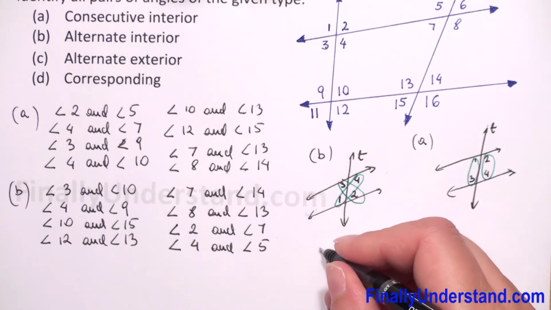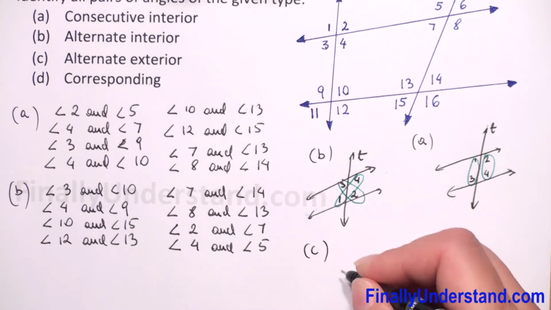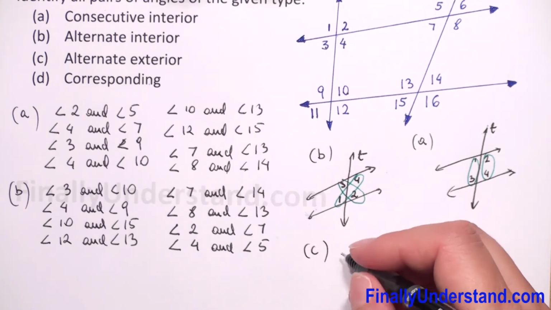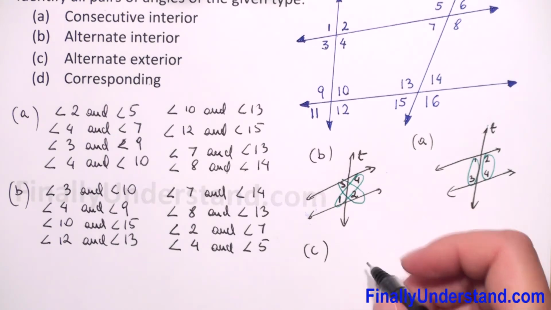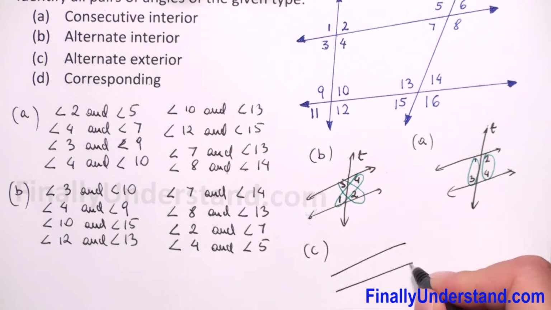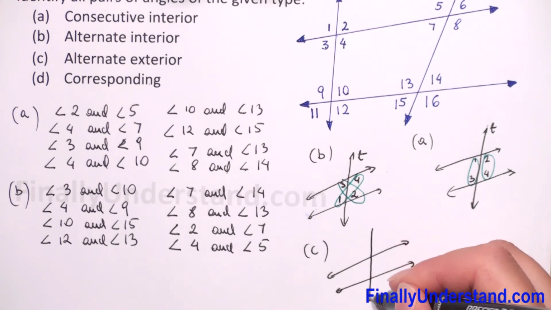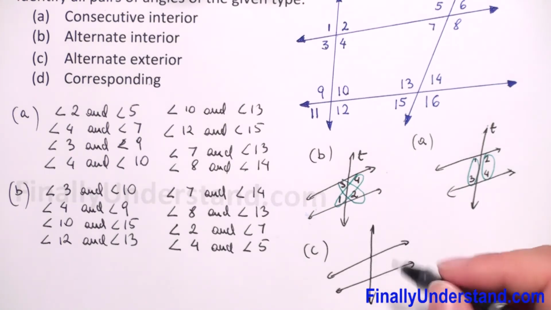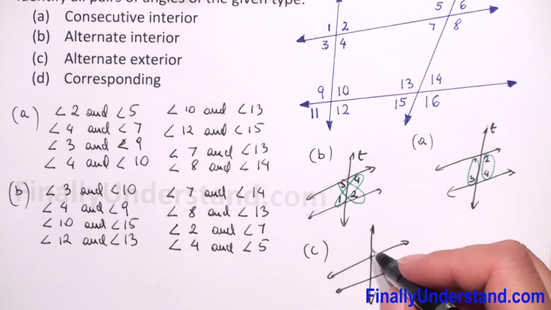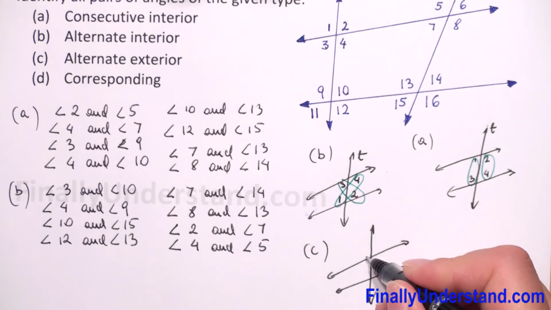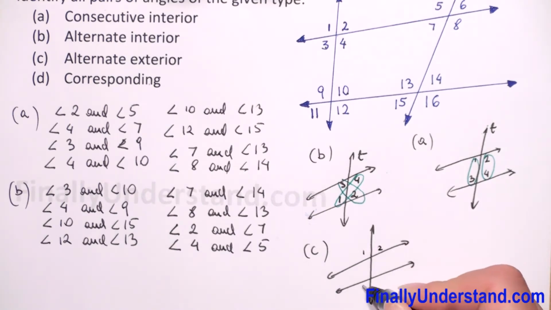This is our C, alternate exterior angles. So when we have two lines and a transversal, let's put that this is our 1, 2, 3, 4.